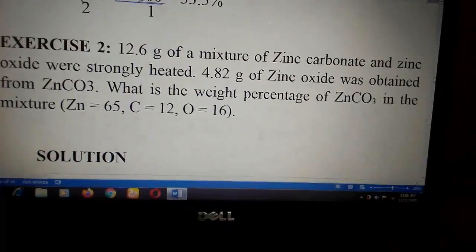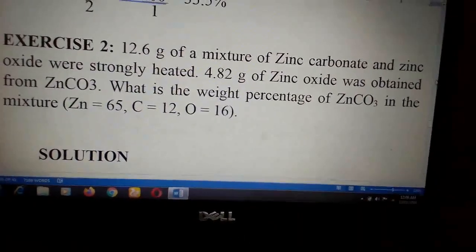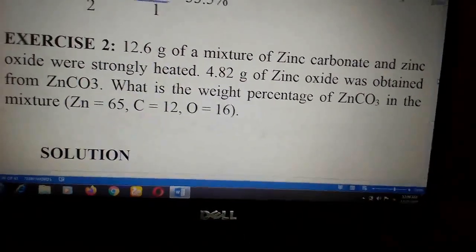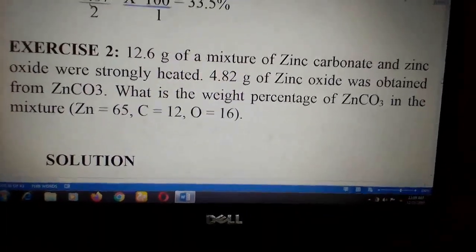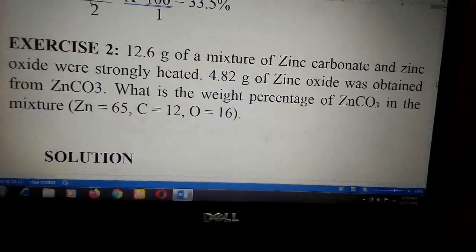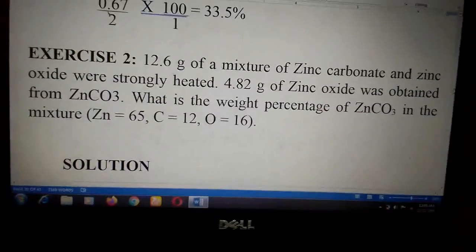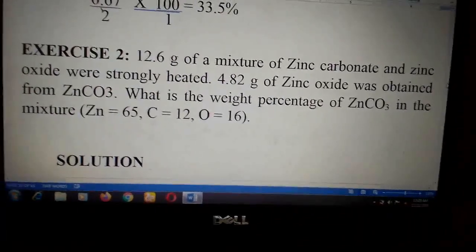So the 4.82 gram of zinc oxide was obtained by decomposing the zinc carbonate in the mixture, which is different from the zinc oxide that is already present in the mixture. So when you heat a mixture of zinc carbonate and zinc oxide, one of the compounds will decompose, and the one that decomposes will be the zinc carbonate, while the zinc oxide in the mixture will not decompose.